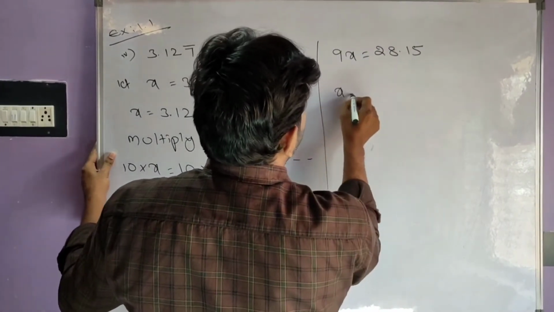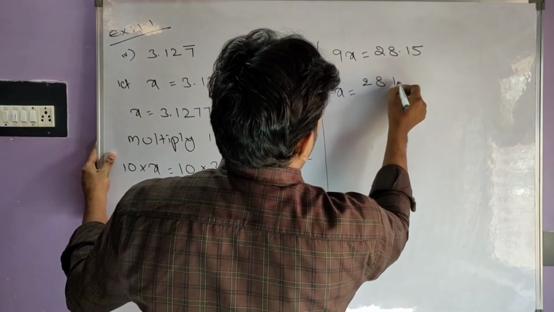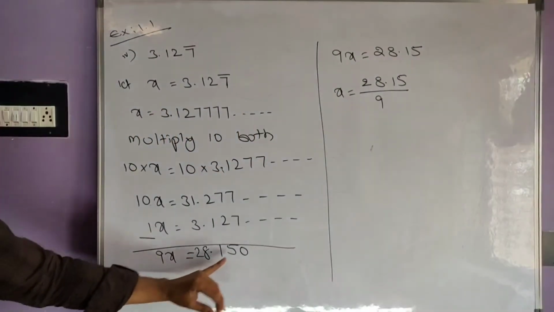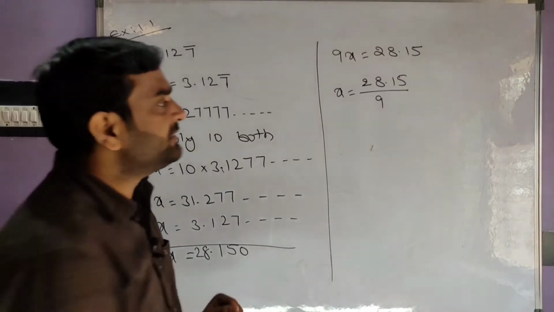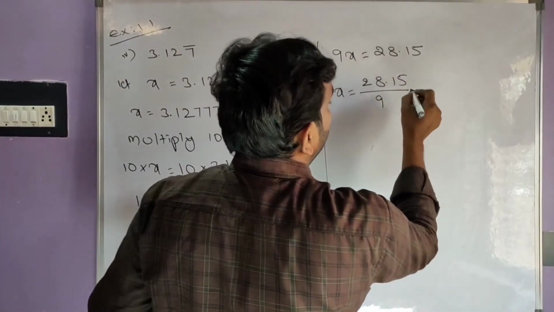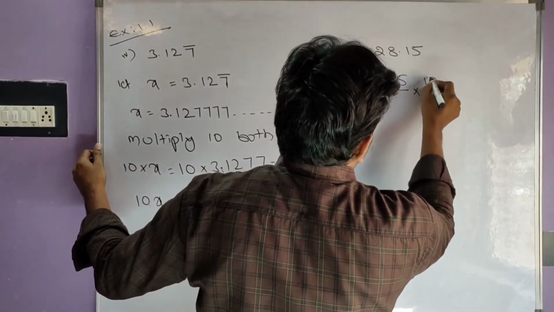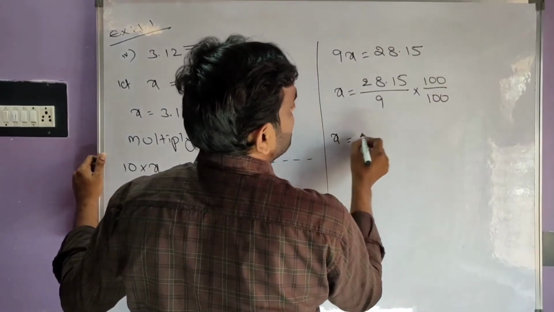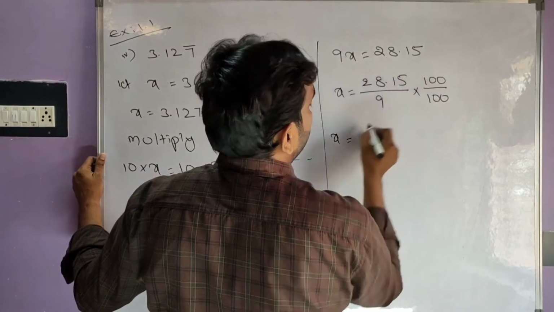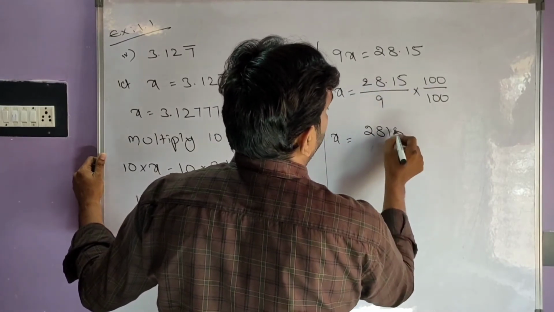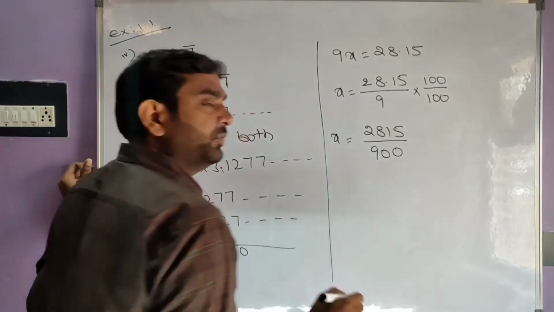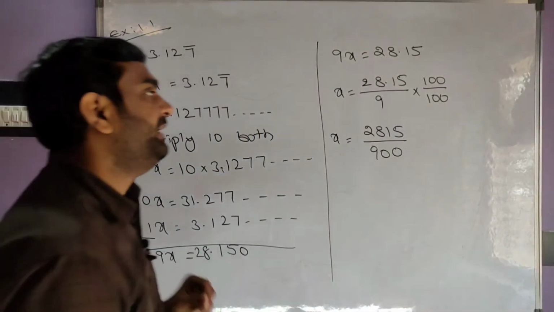x is equal to 28.15 by 9. Listen, here after the decimal point we have 2 digits, so multiply with 100 and divide with 100. Then x is equal to 28.15 into 100, that is 2815, by 9 into 100, that is 900.